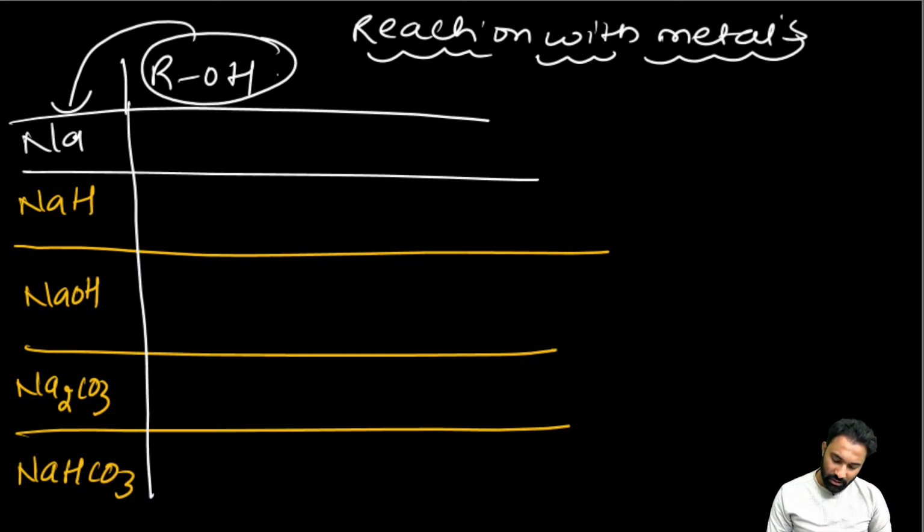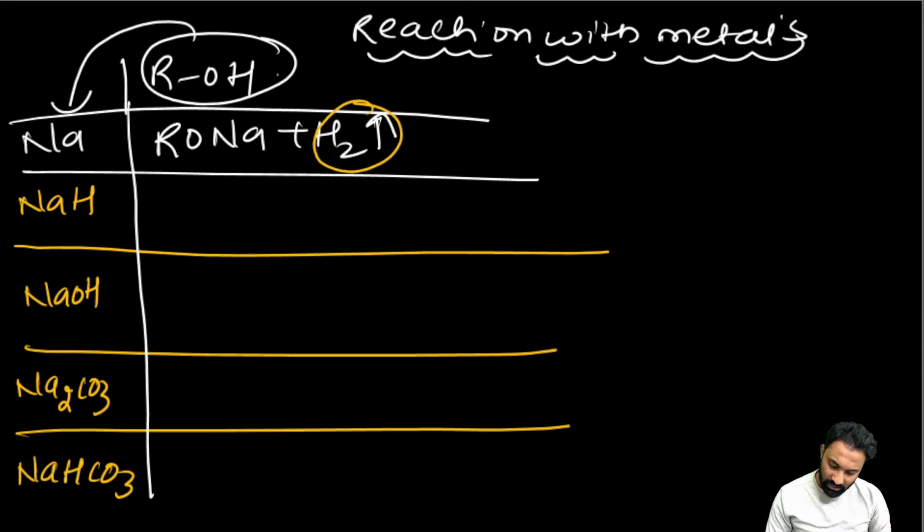This 1 degree alcohol will react with sodium metal. Why? Because here it will form RONa plus H2 gas. H2 gas is weaker than the alcohol, so readily it will react.